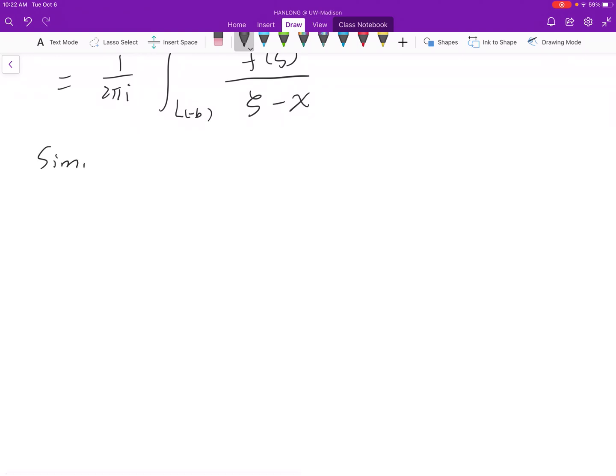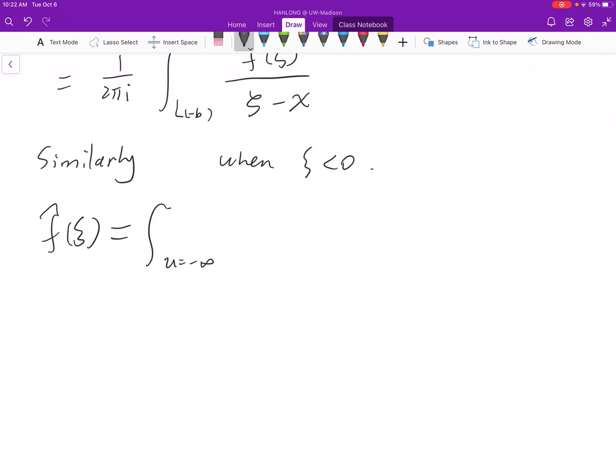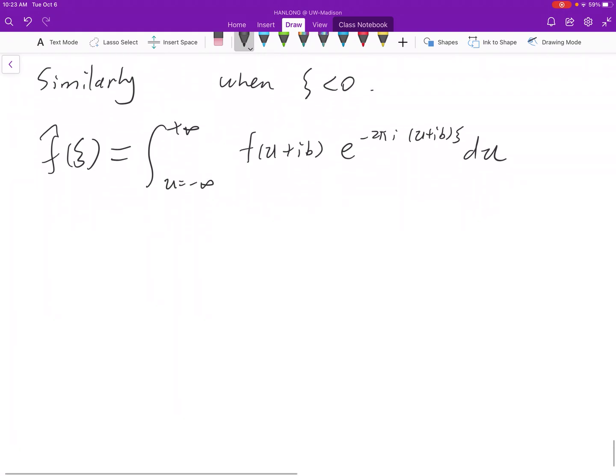Okay, similarly, when c is less than 0, we can prove that f hat c, by shifting the integral line to the upper half plane, you have this. Here you use the fact c less than 0 to prove the vanishing of the horizontal lines.